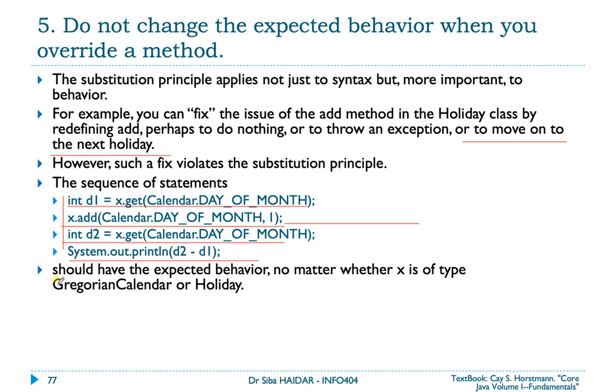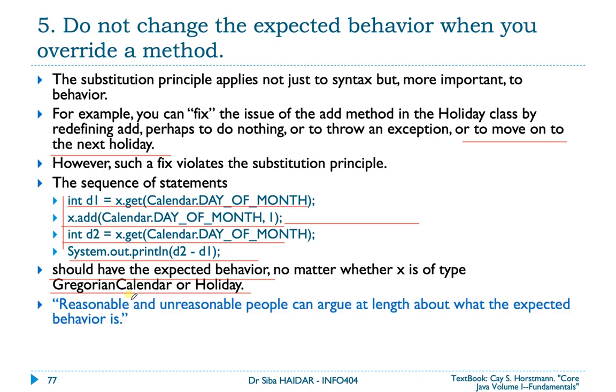So the rule of thumb here is that you should have the expected behavior not change, no matter whether X is of type Gregorian calendar or holiday, because the users of the Gregorian calendar class are used to getting the difference in days between the two values, and now the difference will be changed because another method in the class was overridden.